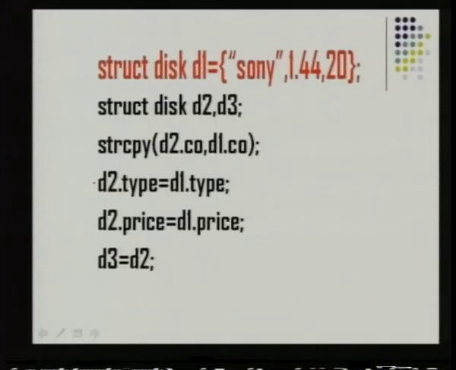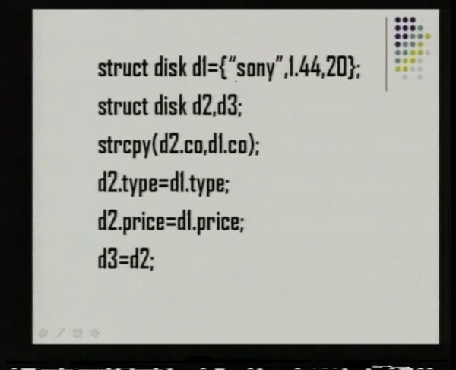Here if you see the next statement is struct disk d1. Here d1 is the structure variable, and its value is initialized directly. They have already given one string value, one float value and one integer value. When you are initializing values in this way, you have to remember to give the values in the way in which they are declared inside the structure.